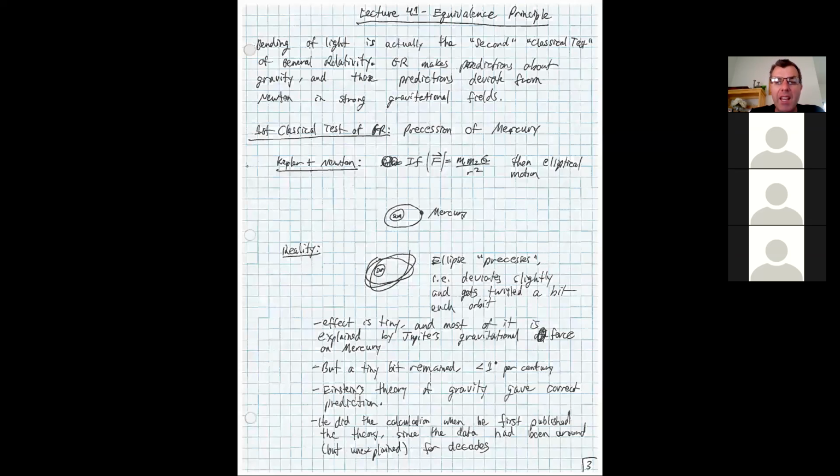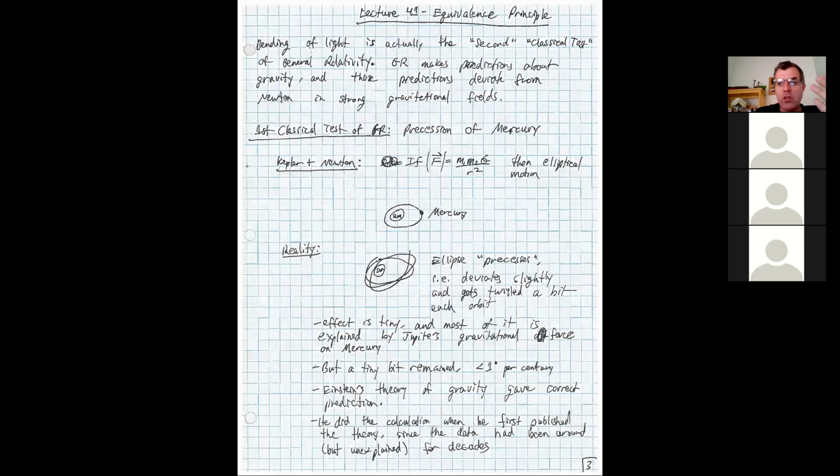So if there's anything in our solar system that might exhibit deviations from Newtonian behavior, and not deviations that could be explained by Jupiter, because if they can be explained by Jupiter, whose gravitational field is stronger than any other planet's but still weaker than the sun's, it's weak enough that it's Newtonian gravity. So that would be a Newtonian effect still, a weak yet complicated Newtonian effect.